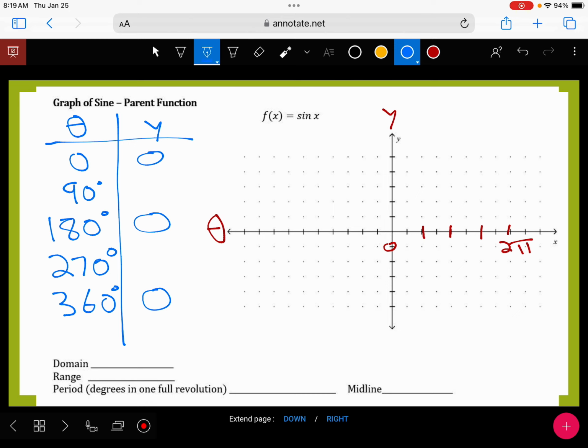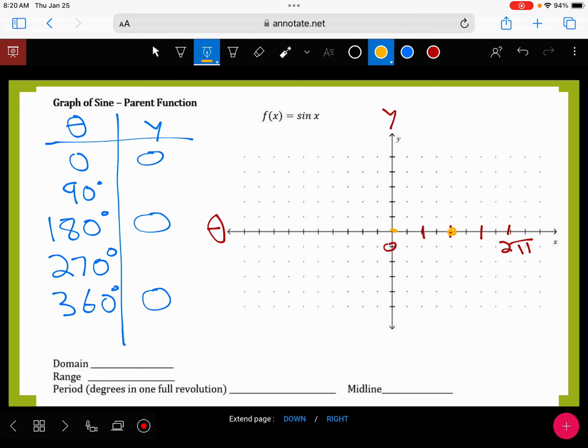Then we'll get back to the table, but I'm going to take this opportunity to plot these 3 points. The first one's easy. It's just right at the origin, 0, 0. The second one's almost as easy. You just have to go over 2 to the second tick mark, because remember, these tick marks are 90 degrees, 180 degrees. So that's going to be the 180 degree mark for theta.